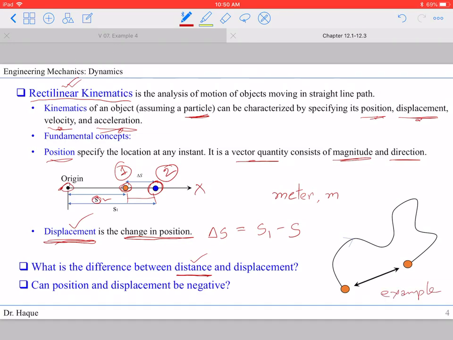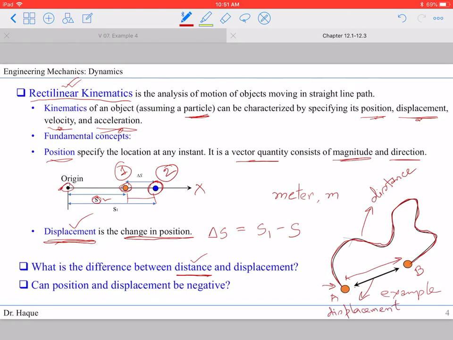Assume the particle is at position A, and it traveled through this curved path and stopped at position B. The distance traveled by the particle is the length of this path. The actual displacement from location A to location B is only this distance here. So this one would be the displacement.